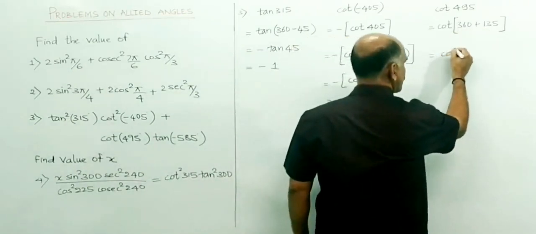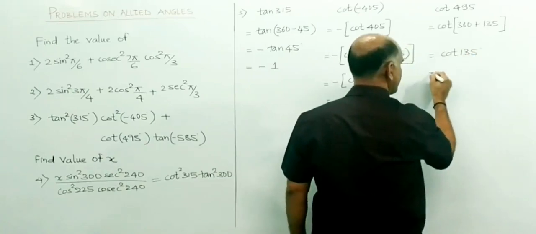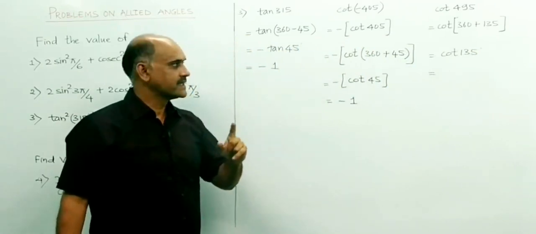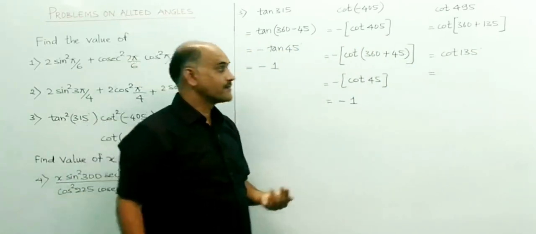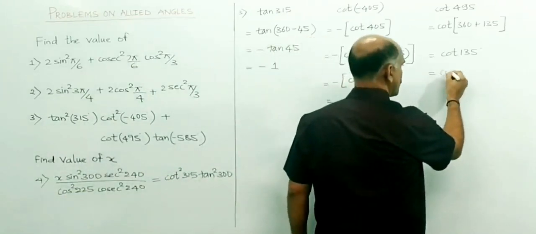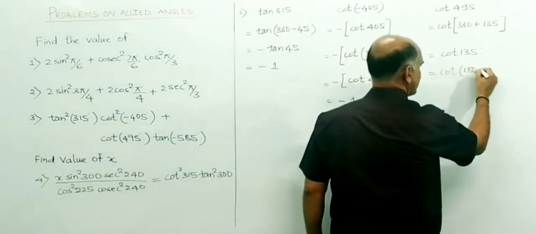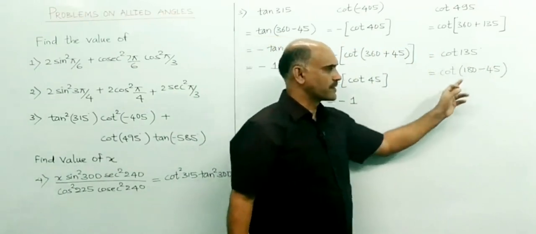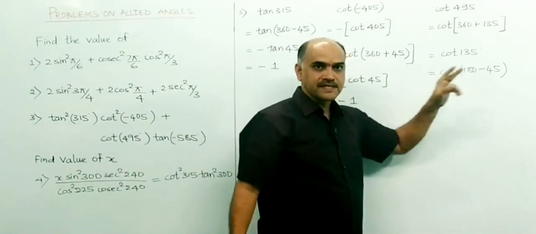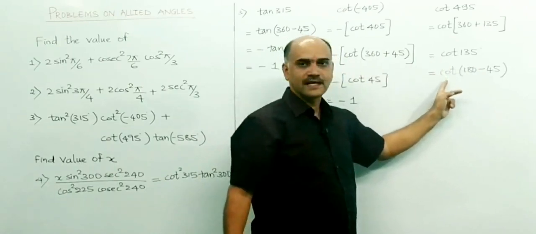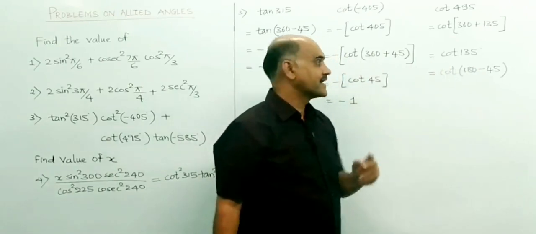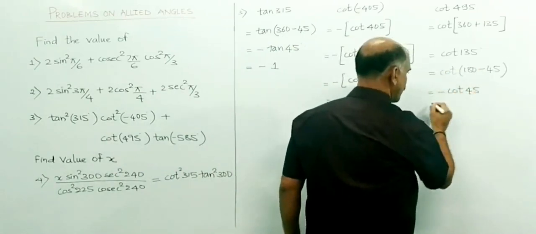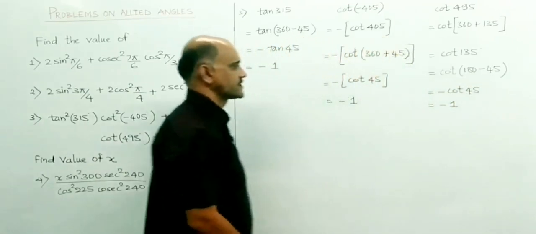So this is equal to cot 135. Again, 135 is near to 180. So 135 is written as 180 minus 45. So you'll have cot 180 minus 45. 180 minus means it is in the second quadrant. In the second quadrant, cot is negative. So this is minus cot 45 and cot 45 is 1. So this is minus 1.